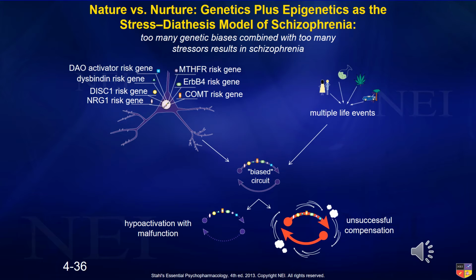So it isn't just that we have the risk genes, it's also that the life events may then precipitate or activate an underlying weakness or problem that was there. That's called the stress diathesis model, and it figures a lot in schizophrenia, where a person does well up until they're about 17 or 18 years of age, when life stresses begin to increase. They're going off to college or beginning to work, and boom, they have their first onset of psychoses.